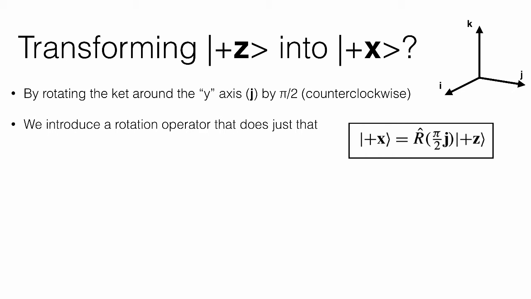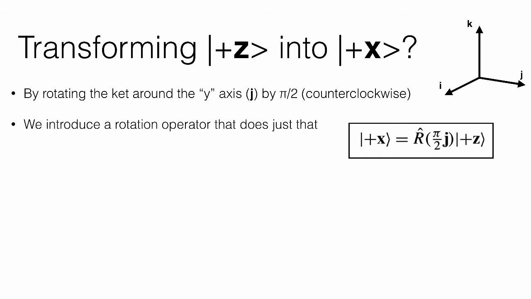In other words, we don't just multiply plus z by a number. We actually transform plus z with a rotation operator. So one way to look at it is that if you represent plus z as a column vector as we did in the previous section, R would be a 2 by 2 matrix, for instance. We still don't know what the elements of that matrix are, because remember, this is not your simple algebra that we looked at so far.